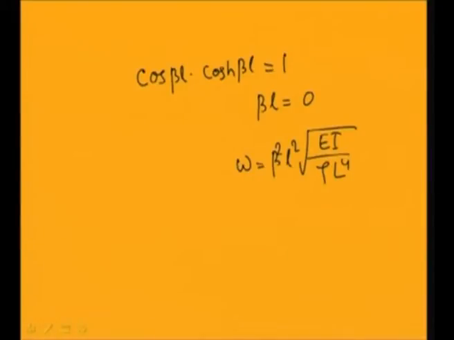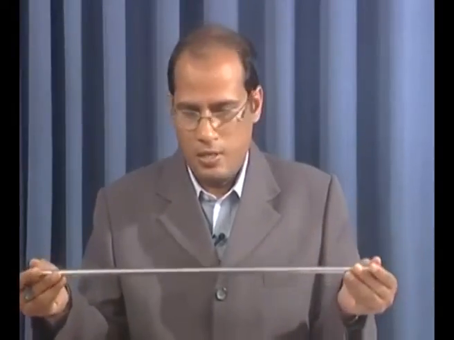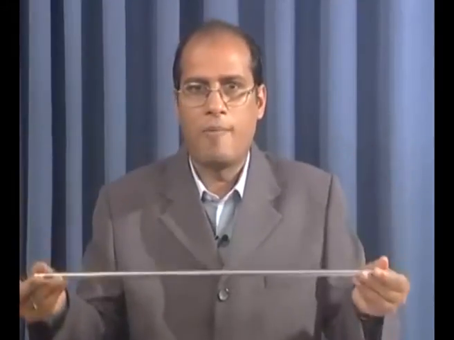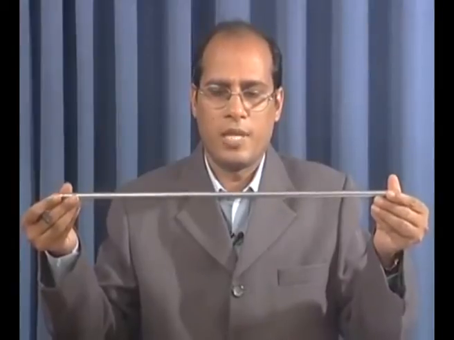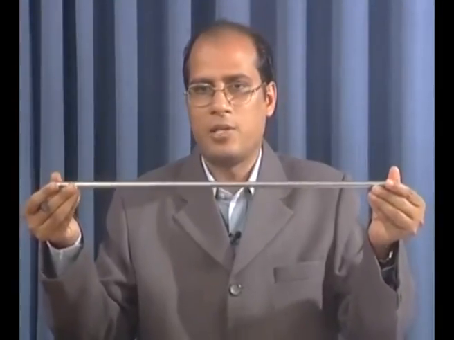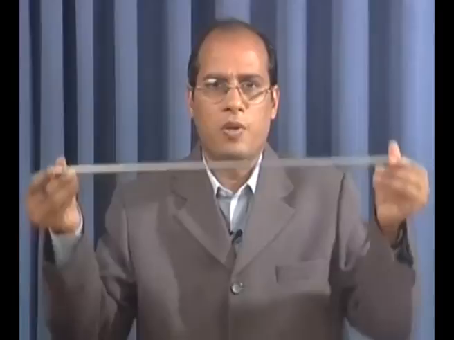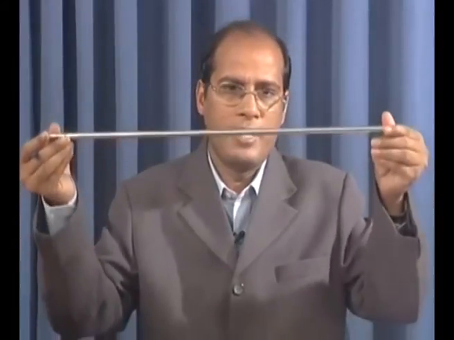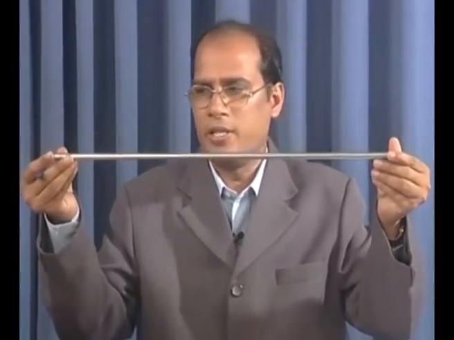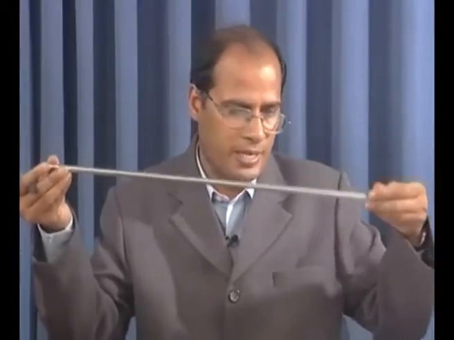As the frequency of vibration is 0, in this case the body will have a rigid body motion. The rigid body motion means the beam, fixed at both the ends, will move up and down. So there is no vibration of the beam as such, but the beam will have a rigid body motion. All the points in this body will have the same displacement.